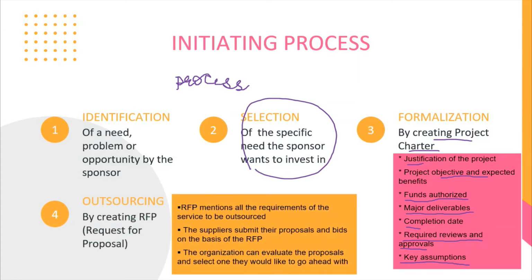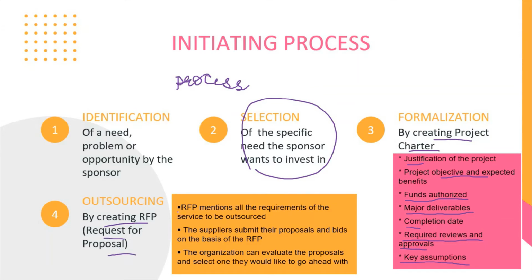The last step is outsourcing. In some cases, the organization decides to use external resources to perform the project. For example, say for instance, I'm running a catering business. I can outsource the packaging of the cooked meals or the delivery of the cooked meals. When we think about outsourcing, we need to think about RFP, which is request for proposal.